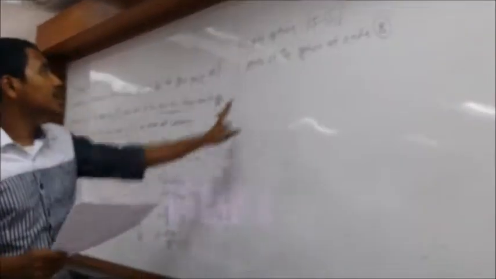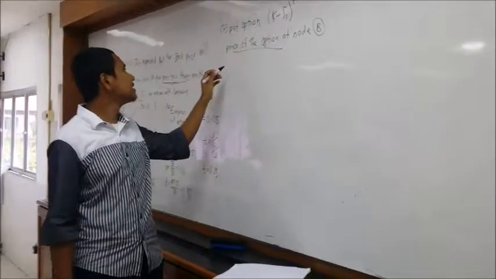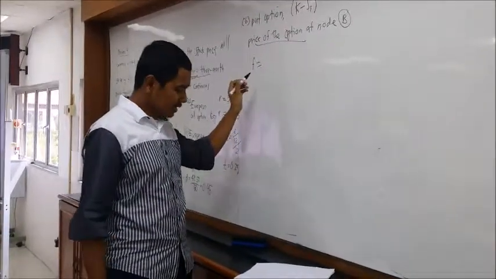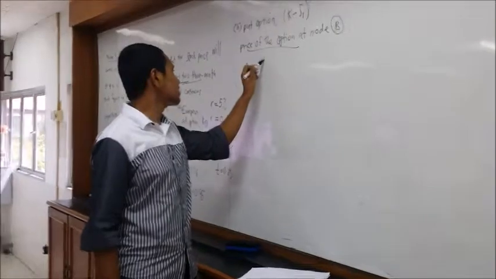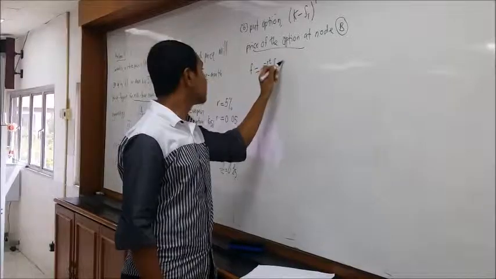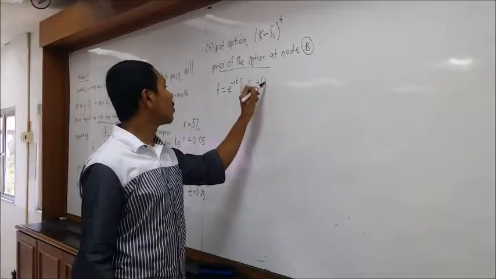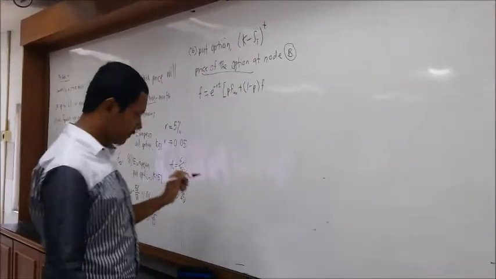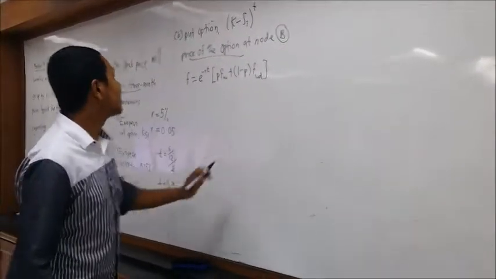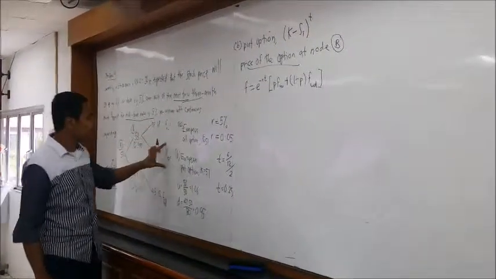First, we calculate the price of the option at node B. For the put option, using the backward process, F is equal to exponent negative RT, P FUU plus (1 minus P) FUD. This is because we want to find the price of the option at node B, using this FUU and FUD.